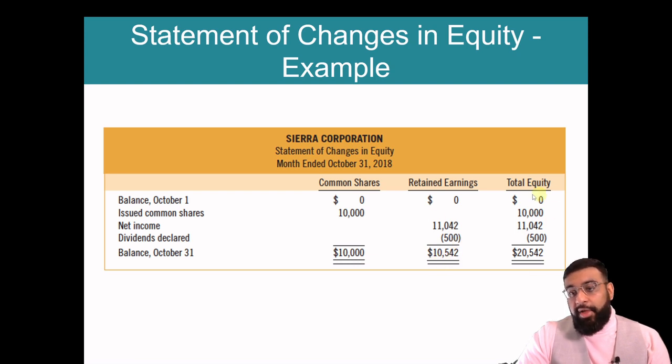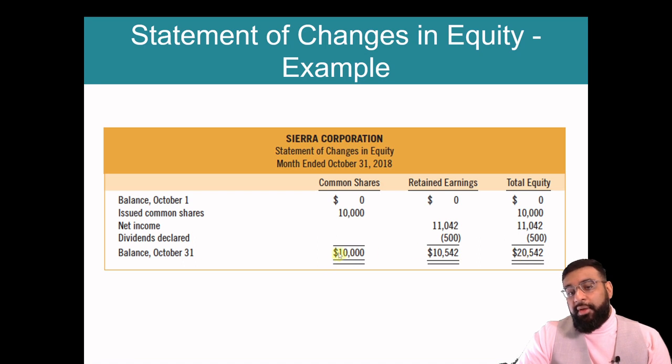And remember, to calculate the total equity, we do 0 plus 0 is 0. 10,000 plus blank is 10,000. 11,042 plus blank is 11,042. Blank plus negative 500 is negative 500. Now to arrive at total equity at the bottom, we could do 10,000 plus 10,542, which is 20,542, or we could do 0 plus 10,000 plus 11,042 minus 500, which is 20,542.